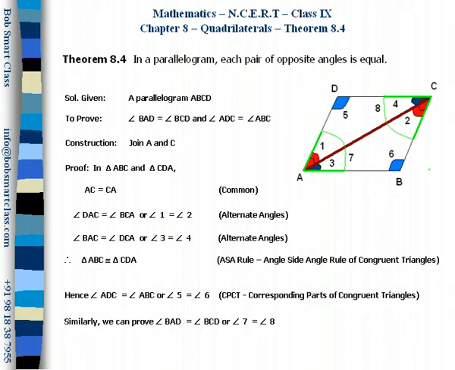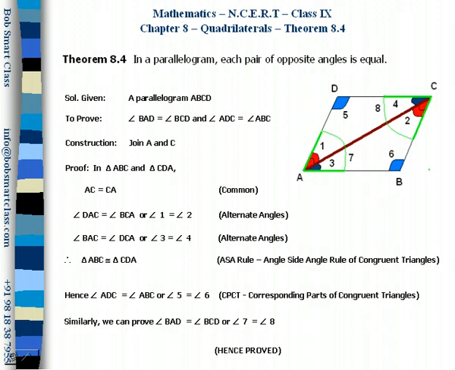Earlier we have that angle 1 equals angle 2 and angle 3 equals angle 4. And we can see that angle 1 plus angle 3 is equal to angle 7, and angle 2 plus angle 4 is equal to angle 8. So if these two parts are equal, then the whole angle is also equal.